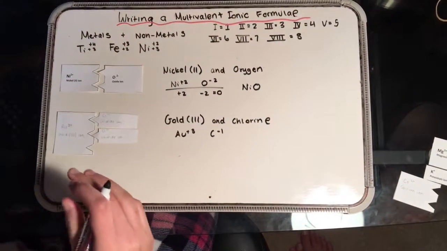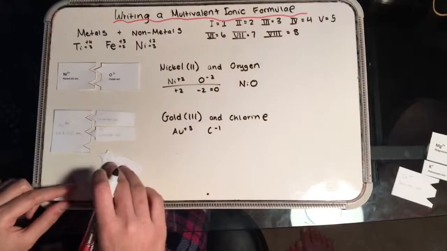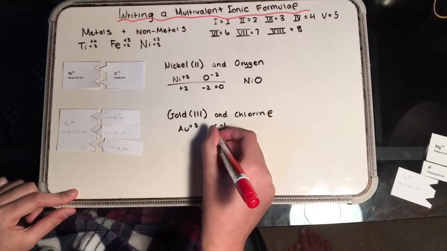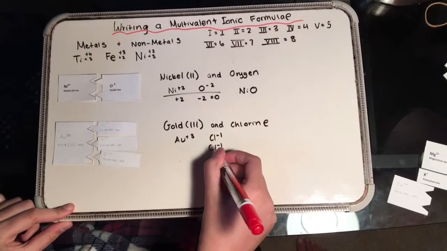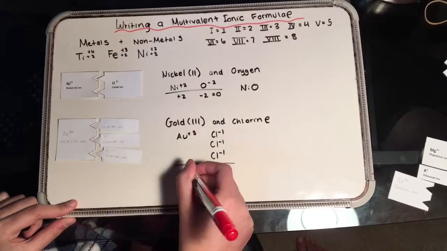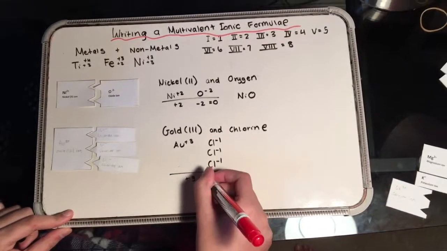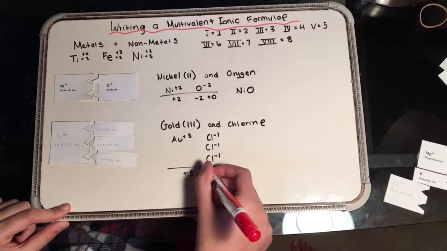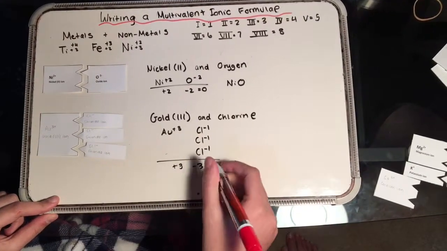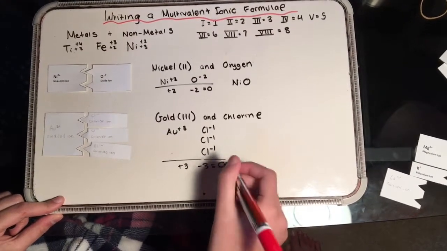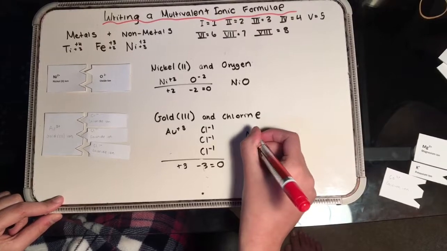So to make that algebraic sum equal 0, we have to add 2 more chlorines. So then we have +3 -3, and that gives us 0. So we are left with 1 gold atom and 3 chlorine atoms, which makes AuCl3.